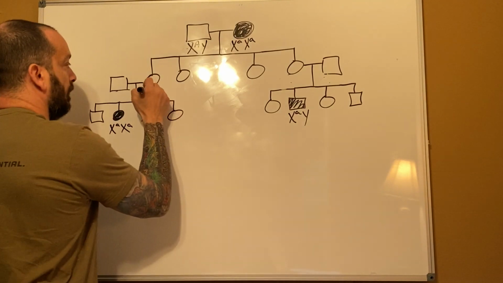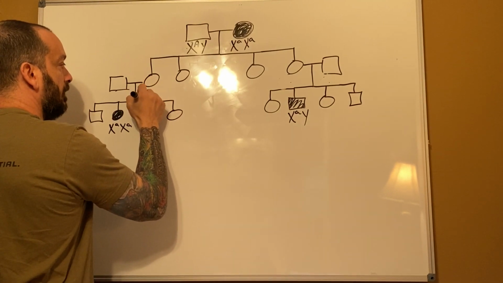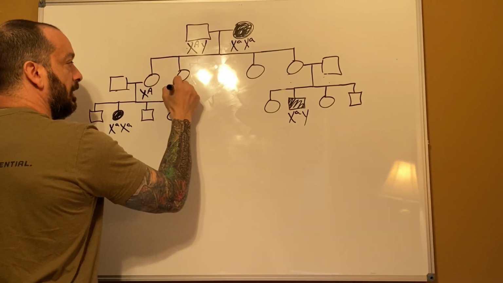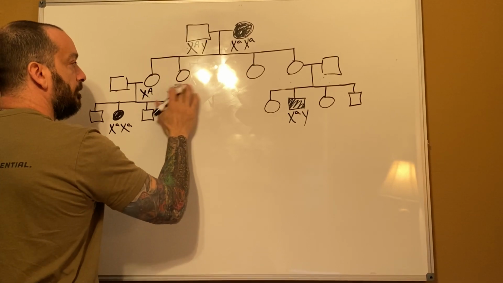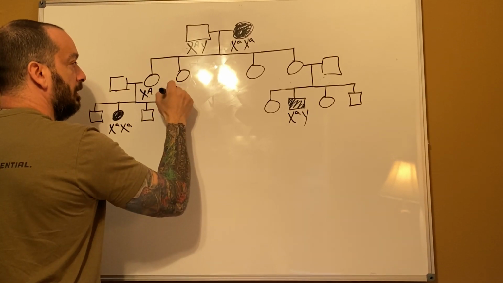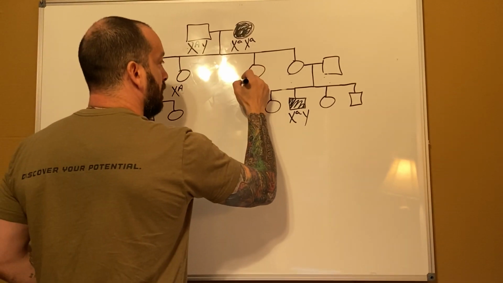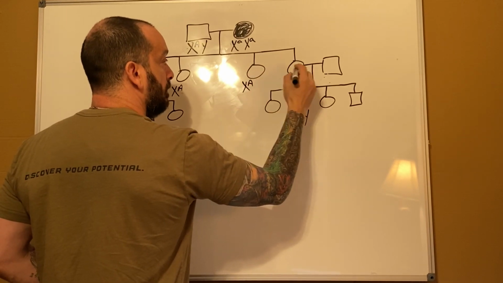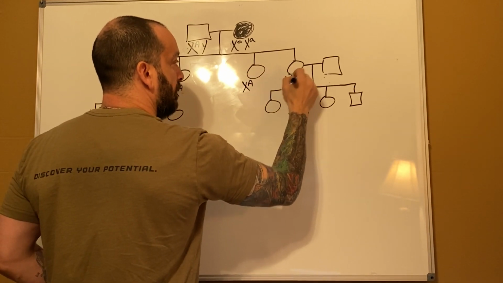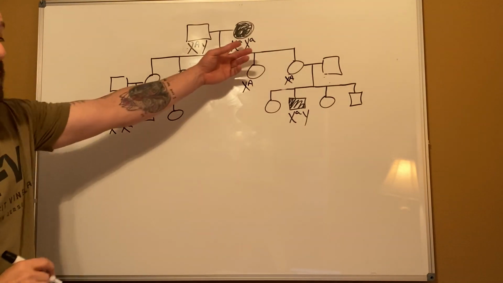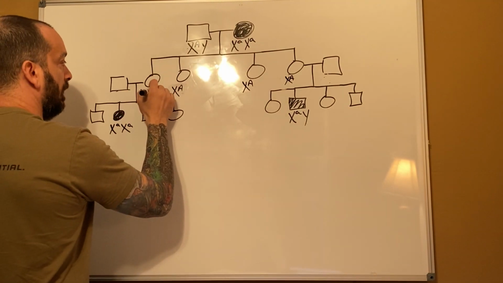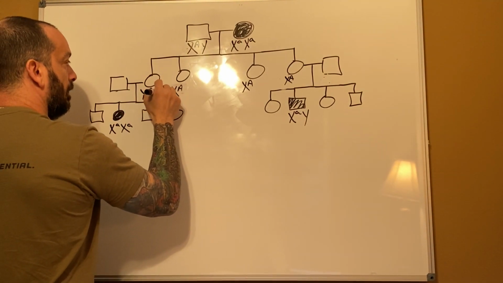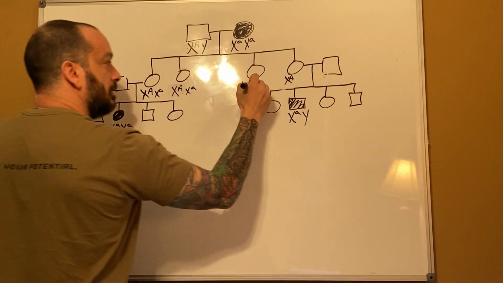Well, for here, right, they had all daughters, so they're all going to get their dominant trait from dad, right? Which means that none of their daughters would have this affliction, right? But mom is always given that recessive, right? So they're all going to be this.